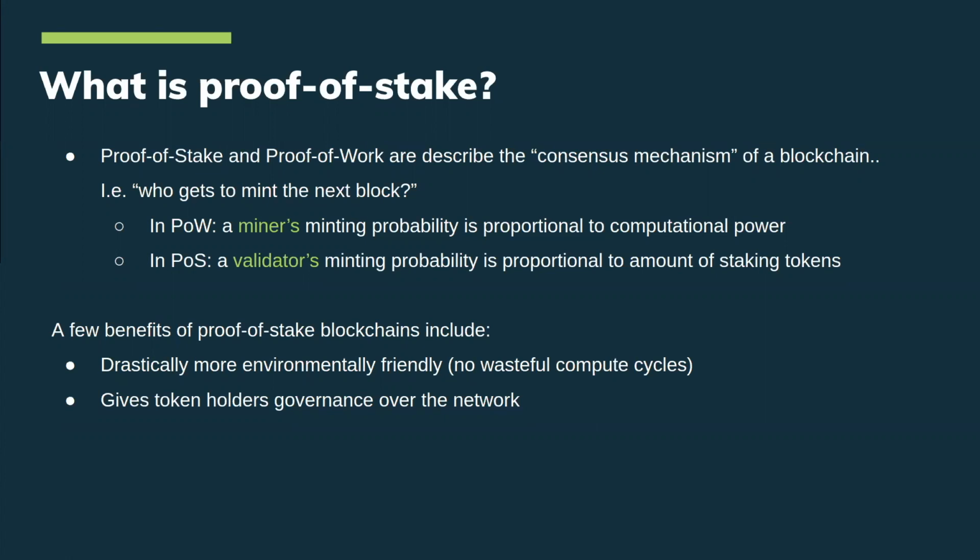And there's a few concrete benefits of proof of stake blockchains. The ones that I think are worth calling out here are that, one, it's drastically more environmentally friendly. So there's no wasteful compute cycles where they're just trying to spin CPU cycles in an effort to solve a meaningless, hard computational puzzle. And the other component that's interesting for proof of stake networks is that it gives the token holders governance over the network.